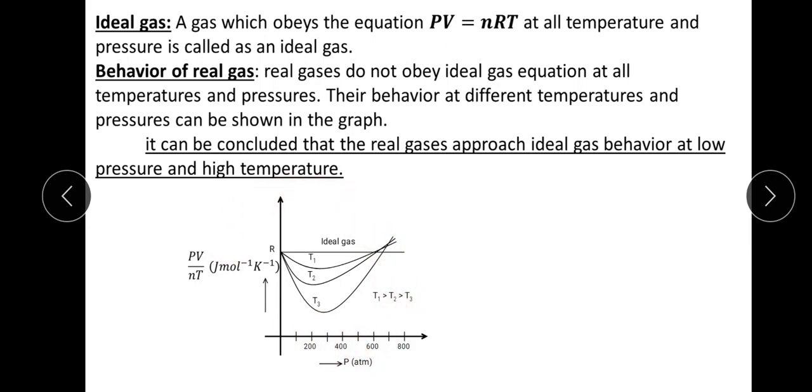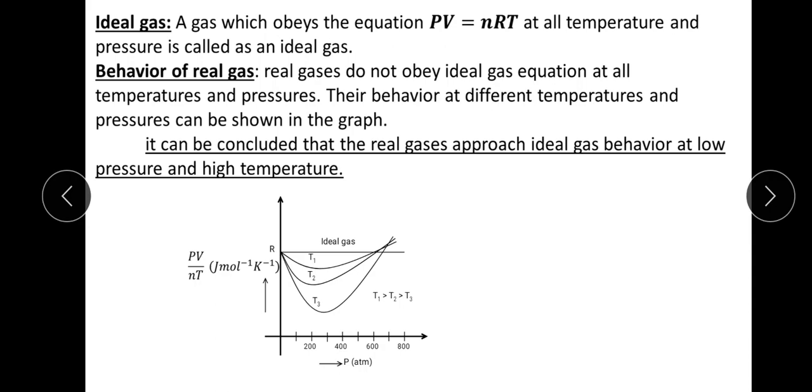In this graph, you observe a straight line here, which means the value of R is constant at every value of pressure and temperature. That is what we call an ideal gas. So we define an ideal gas as a gas which obeys the equation PV is equal to nRT at all temperatures and pressures. That is why the value of R remains constant at every value of pressure and temperature.